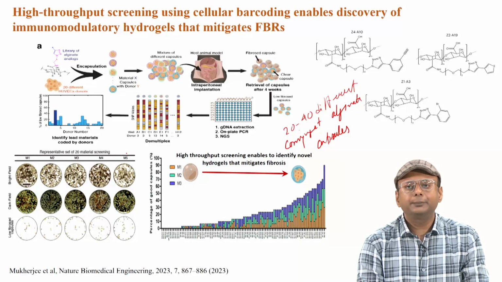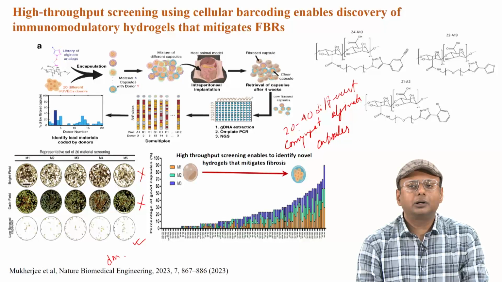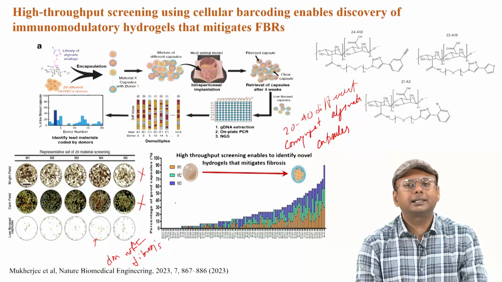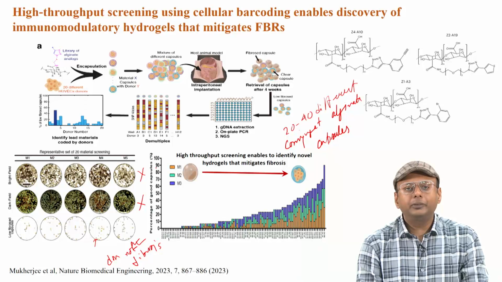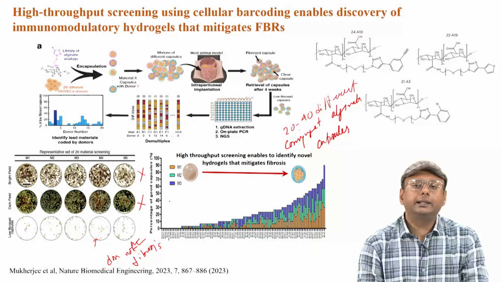So as you can see, once we did the microscopic imaging, most of those capsules have too much fibrosis, and only very few capsules do not have any fibrosis. Now we have to identify what these few capsules are, which came out from the mouse. So how did we identify? Because, you remember, I said that each of the capsules has a specific genetic barcode.